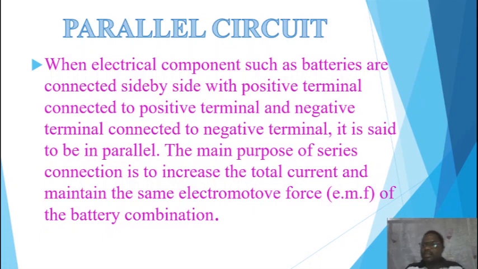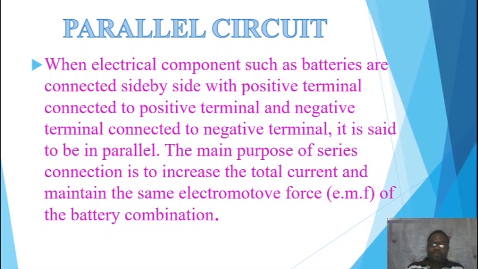For instance, house wiring. House wiring is usually connected in parallel because different appliances use different currents. So each appliance can draw the current according to its capacity.